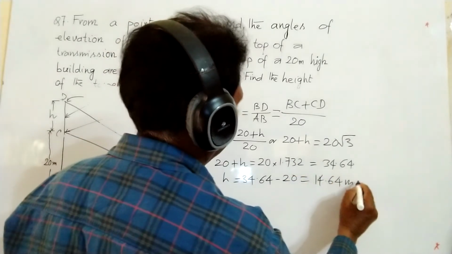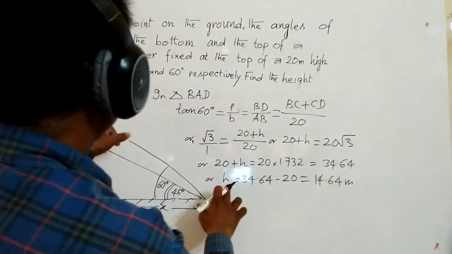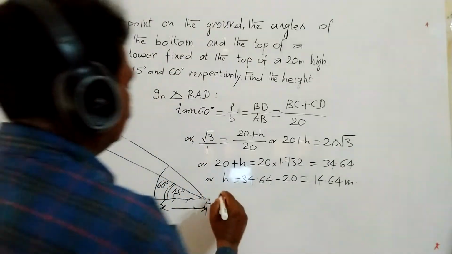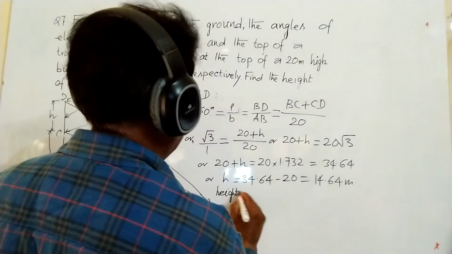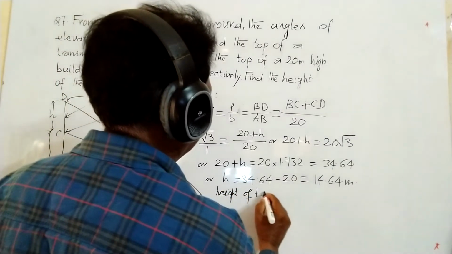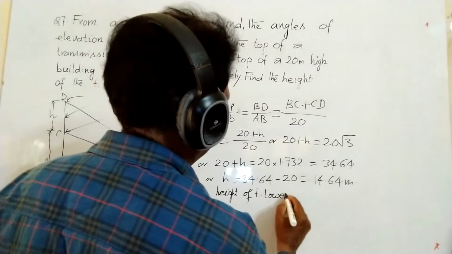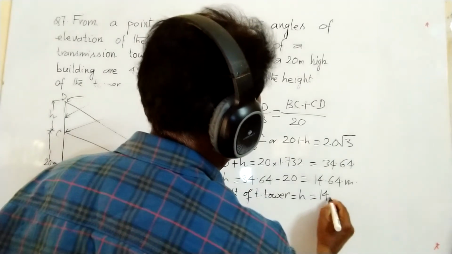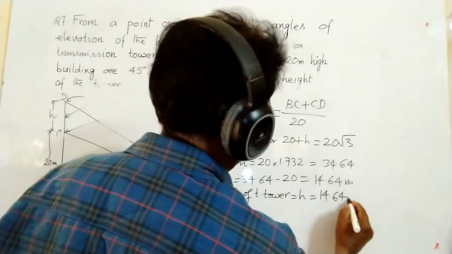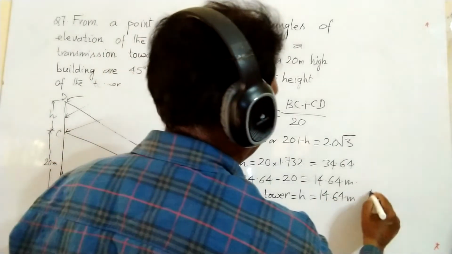The unit is meter, and this is the height of the transmission tower. Therefore, height of the transmission tower h equal to 14.64 meter, and this is your answer.